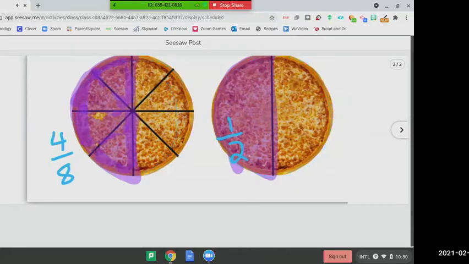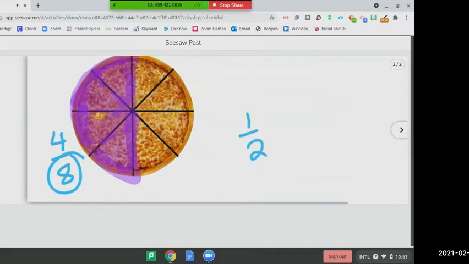Notice that my bottom number on this side is 8, so that tells me that there are going to be 8 pieces total. My bottom number, my denominator, over on this side is 2, so that tells me there are going to be 2 pieces total. Even though the fractions are different, they can still be equal to each other. If I want to see if 4/8 is equal to 1/2, without looking at another picture, I can look right at my denominator, 2.